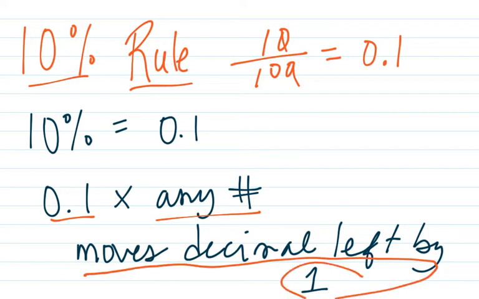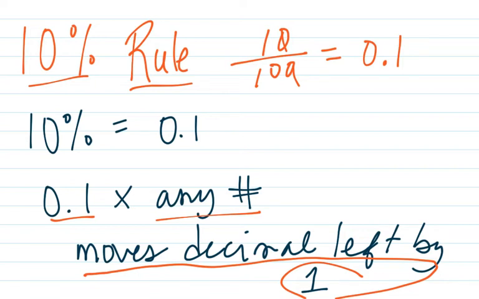If you don't believe me, take out your scientific calculator and do 0.1 times 20, 0.1 times 35, 0.1 times 82, and test it out and see what happens. You'll see that the decimal that would be assumed to be on the end would move over one place to the left. Now, if you were to do 0.1 times 1.2, that would become 0.12, okay?